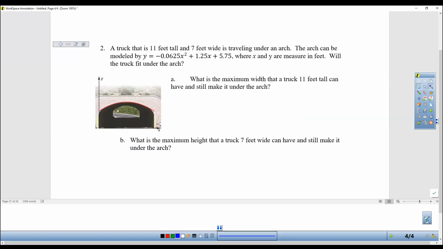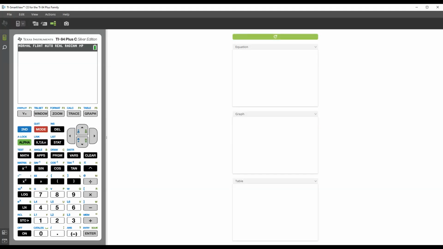So for this last problem, I could do it by hand, but I'm always trying to teach you more about your calculator. So I'm actually going to switch to the calculator and show you how you can do it on there. What I'm about to show you is a fantastic way to solve a quadratic equation using your graphing calculator. I've already typed this in, but hopefully you're actually doing this on your own so you can make sure you understand it.